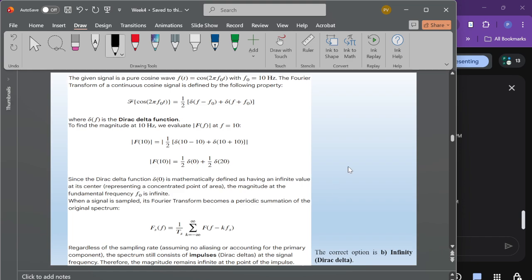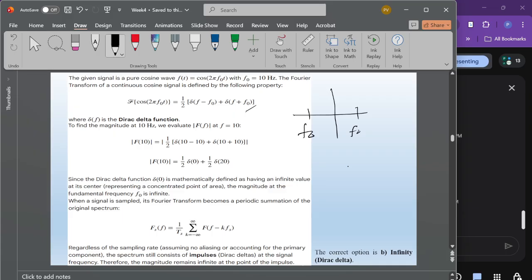The given signal is a pure cosine signal, f(t) equal to cos 2 pi f0 t, where f0 is given as 10 hertz in the question. As we know, the Fourier transform of the continuous cosine signal is defined by this property: cos 2 pi f0 t gives 1 by 2 delta(f minus f0) plus delta(f plus f0), where one is on this side of frequency f0 and the other is on the other side. We already know that delta is the Dirac delta function, or impulse function.